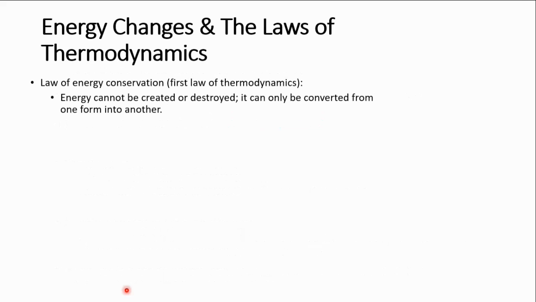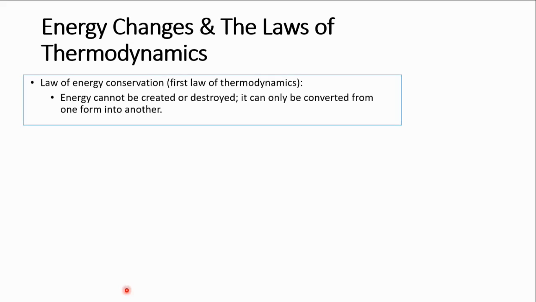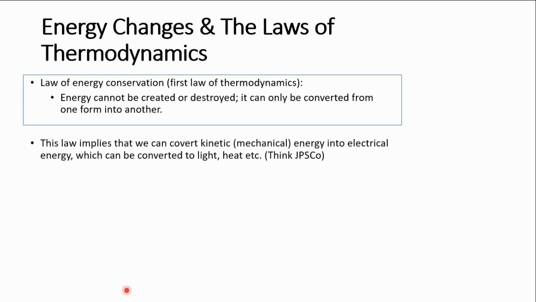Now, the law of conservation of energy, which is also the first law of thermodynamics, states that energy cannot be created or destroyed. It can only be converted from one form into another. All right? That is the first law of thermodynamics, which is also the law of conservation of energy.